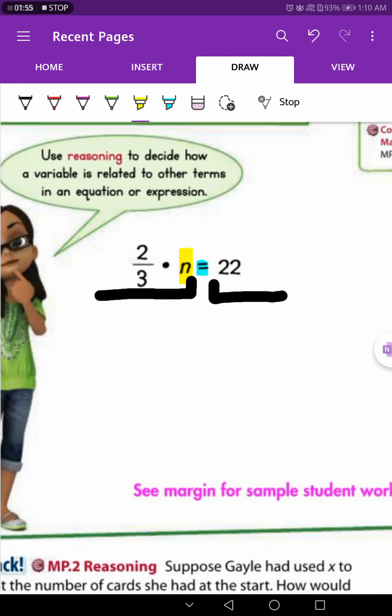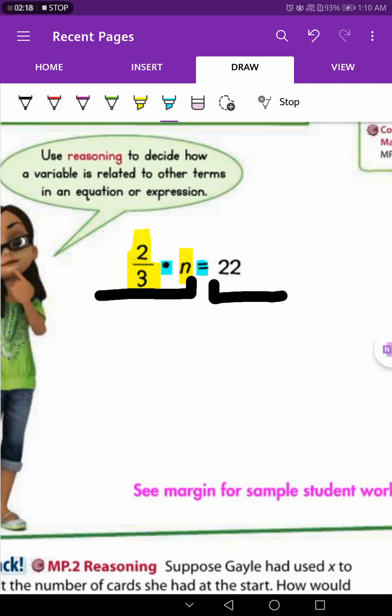And what is the number beside n? It is 2 over 3. And what is the operation between them? Operation means multiply, plus, minus. Yes, this dot means multiply. Now I write the opposite sign for each side, left and right.